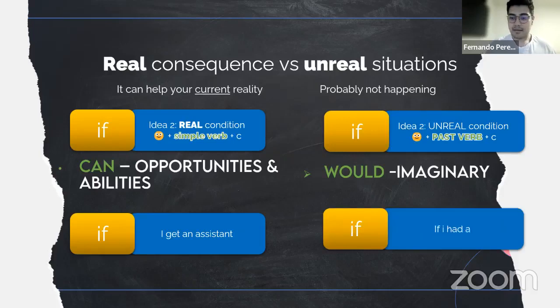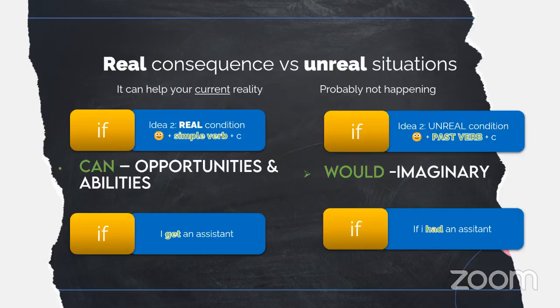If I had an assistant. Do you see the difference, present versus past?